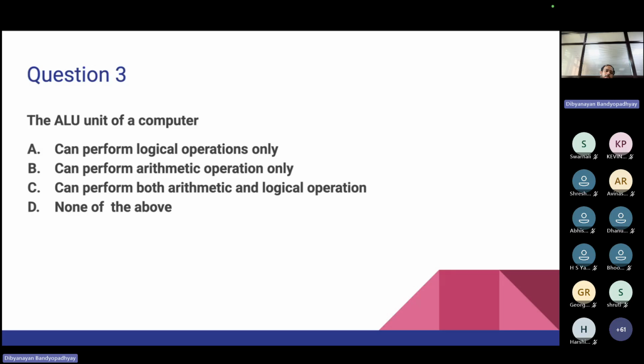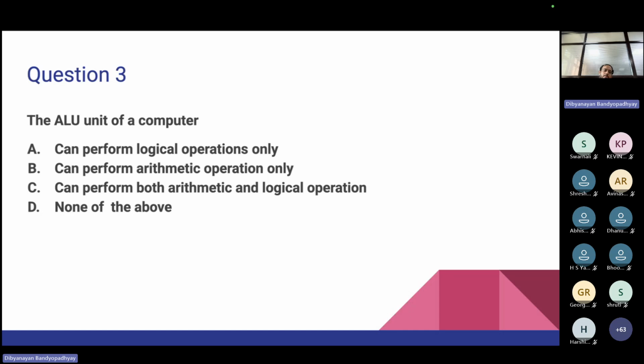This ALU is a piece of hardware inside the microprocessor, inside the computer. Its task is to do all the arithmetic operations and the logical operations. So that is why it is called arithmetic logic unit.